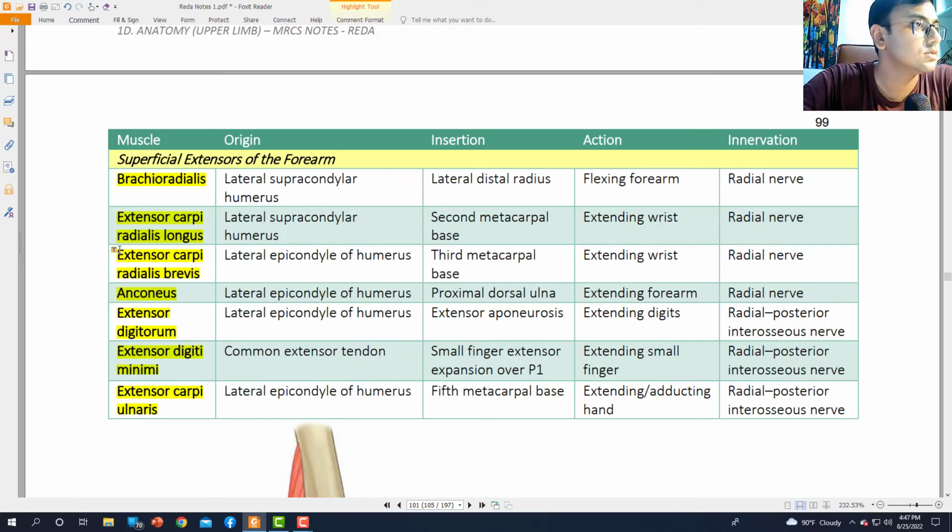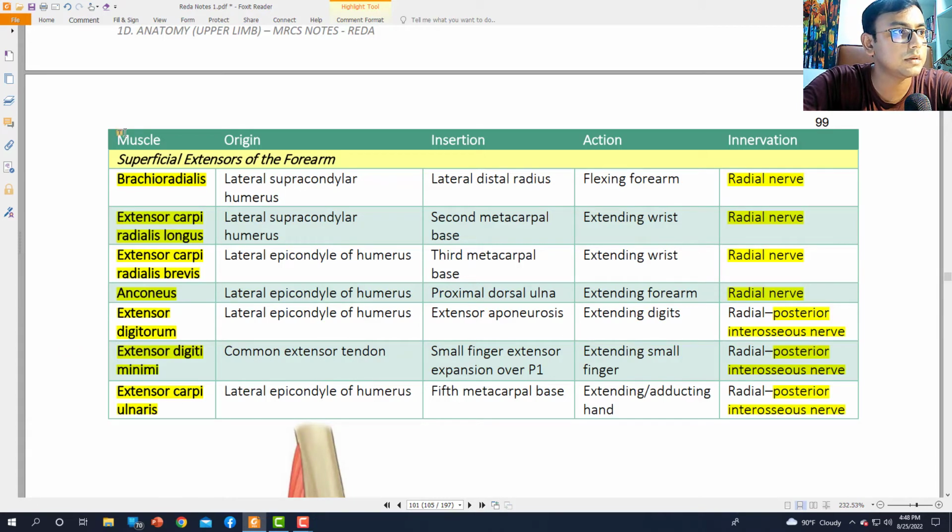Okay, so these extensor muscles are maximally supplied by the radial nerve. Because the radial nerve is the extensor of the elbow joint, you know that. It also has a branch called the posterior interosseous nerve, which is derived from the radial nerve. So here the extensor digitorum, extensor digiti minimi, extensor carpi ulnaris.